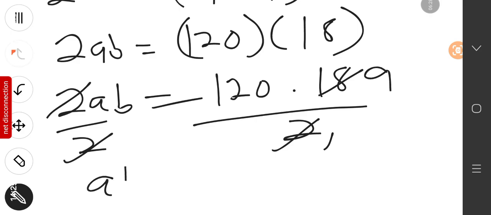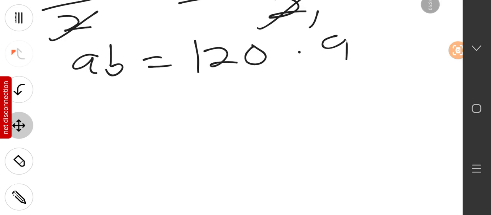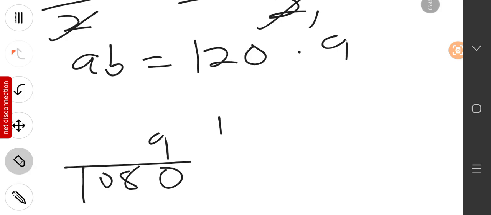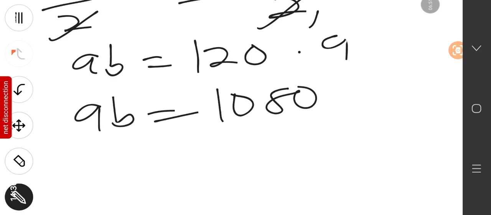So AB equals 120 times 9, which gives us 1080. So AB equals 1080, and let's call this equation 4.